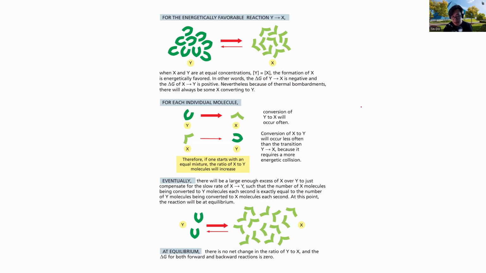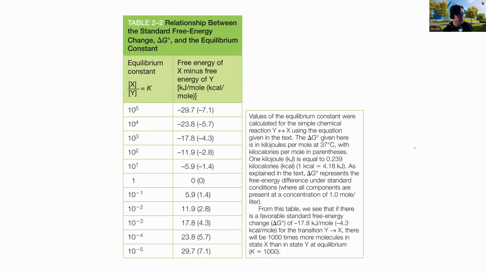Now, I do have to mention ICE tables. Okay. Initial, change, equilibrium. This textbook, if I recall the practice problem, and I'm hoping this is the right textbook, I believe it does give you a couple of ICE problems as well. So practice them. Okay. So we do talk about the equilibrium constant, your K value.